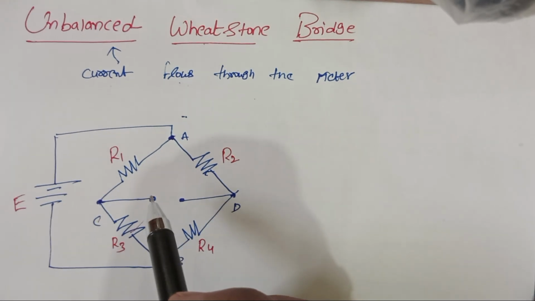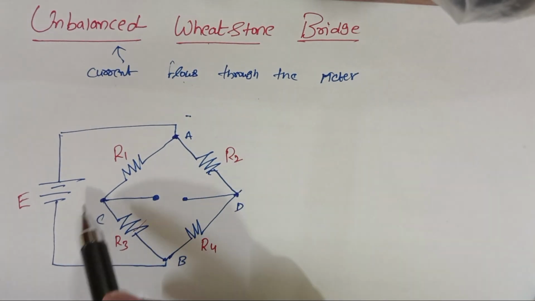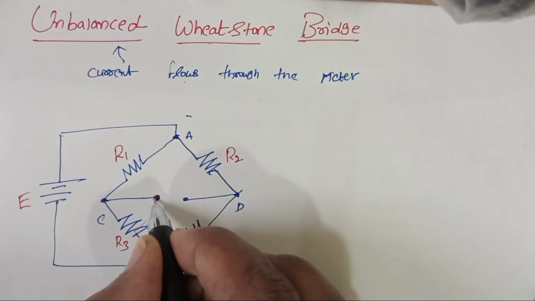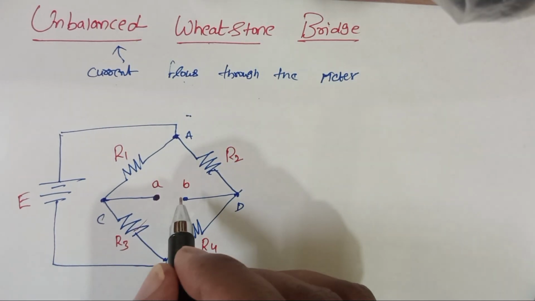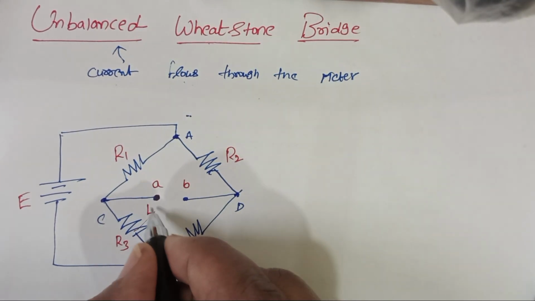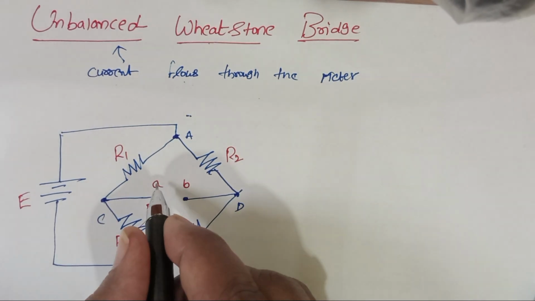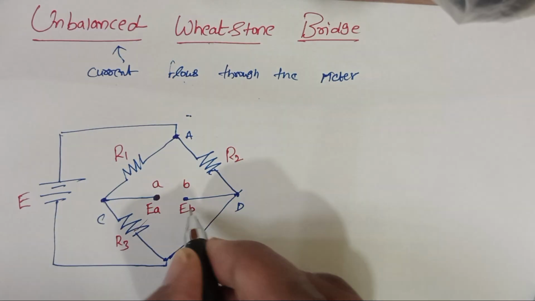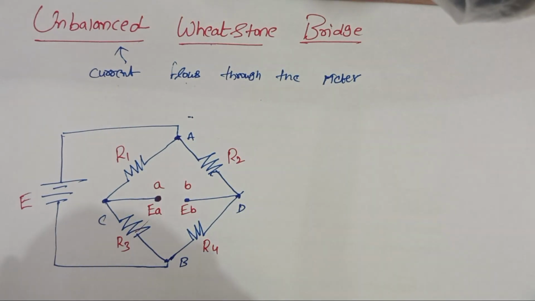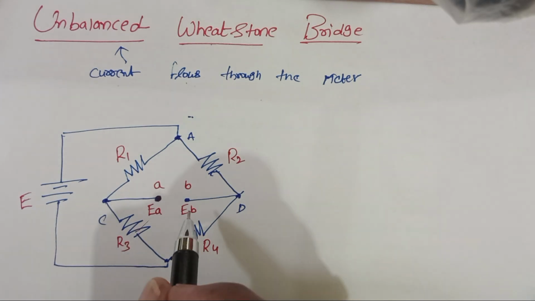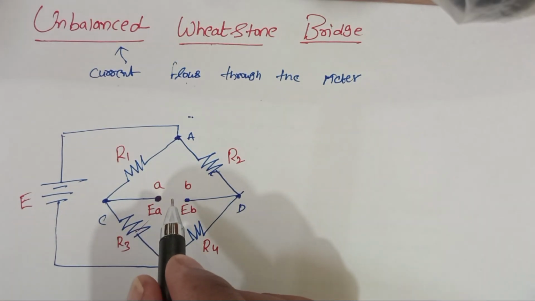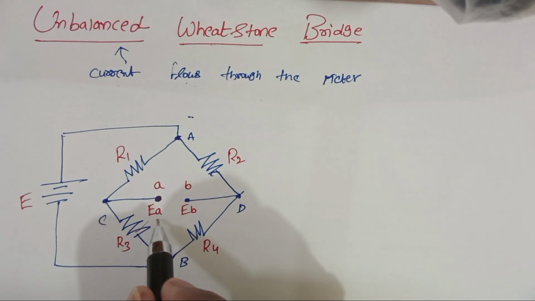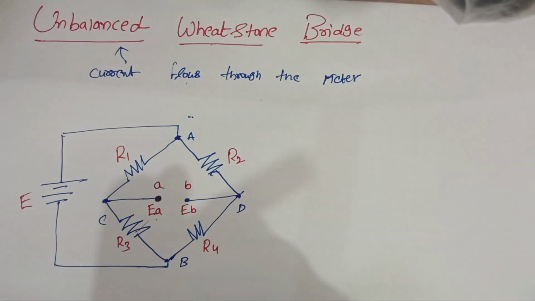Assuming C and D are the two terminals, EA is the potential at point A and EB is the potential at point B. Thevenin's equivalent voltage is obtained as EA minus EB.